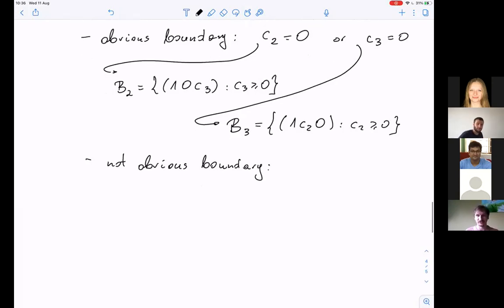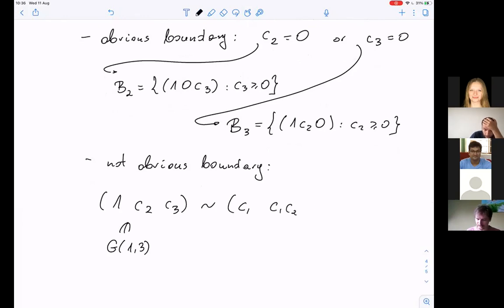And so this non-obvious boundary, in order to find it, we need to remember that if I have a point which is parameterized, so this is an element of G1,3, this point represents a plane. So I should really think about an equivalence class of points. So this point is equivalent to a point which looks like this.